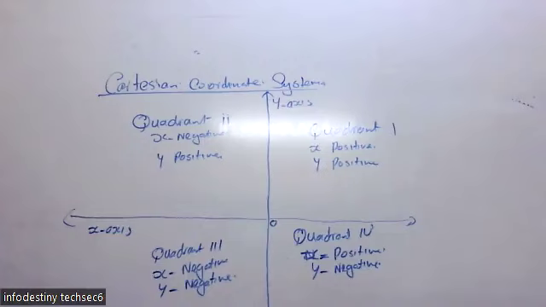So these are the things which show the relationship between the two variables: the independent variable and the dependent variable.